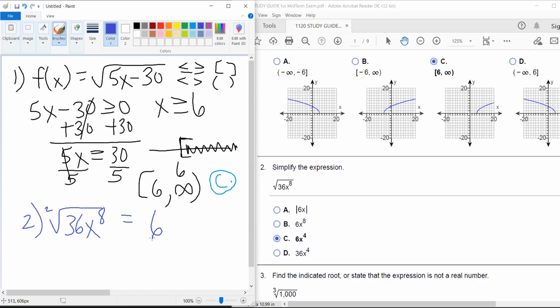And to break down the letter, just take a root and divide it into your exponent. So 2 can go into 8 4 times with nothing left over. That 4 indicates an exponent of 4. So choice C is the right answer.